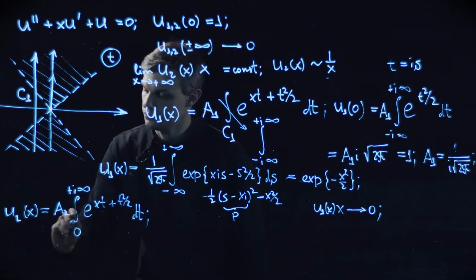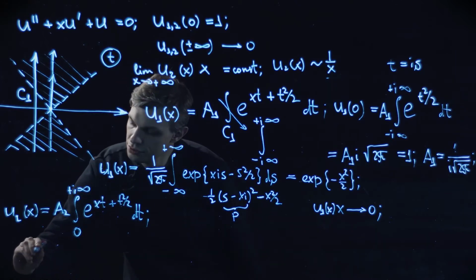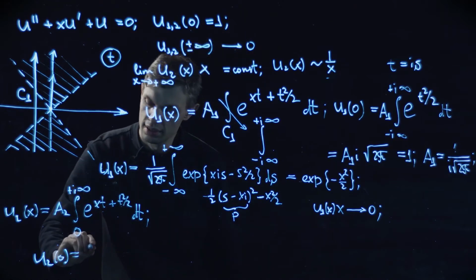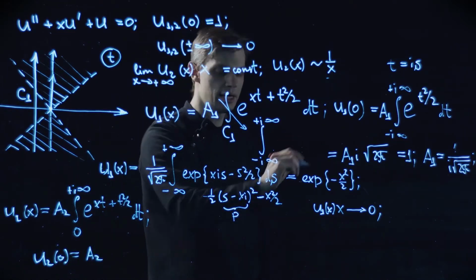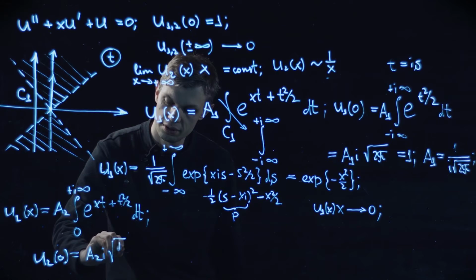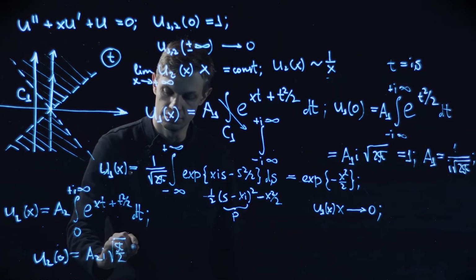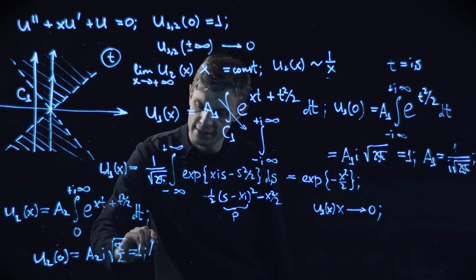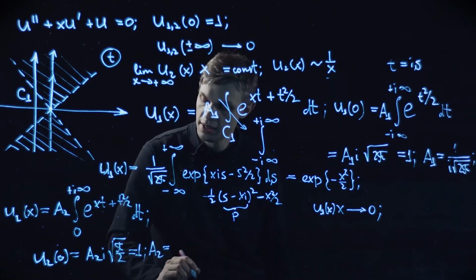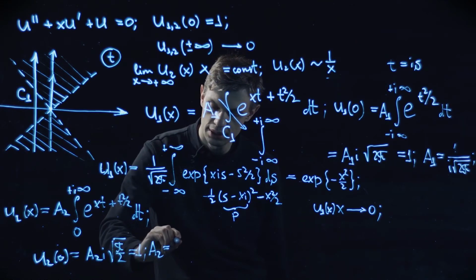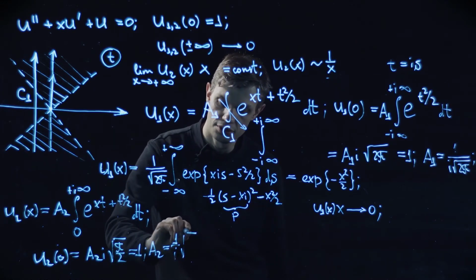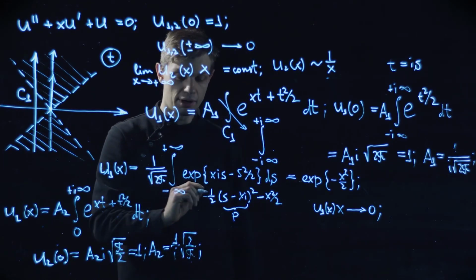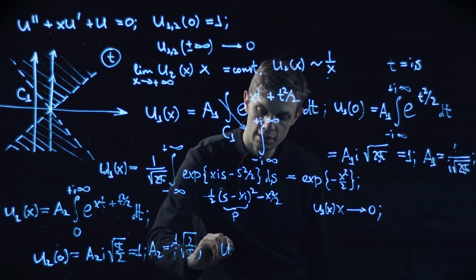So u2 of 0 is equal to a2 times i times the square root of pi over 2. And it's supposed to be equal to 1, so now we fix the second constant, which is 1 over i times the square root of 2 over pi.